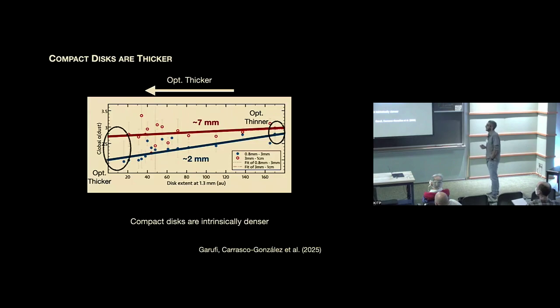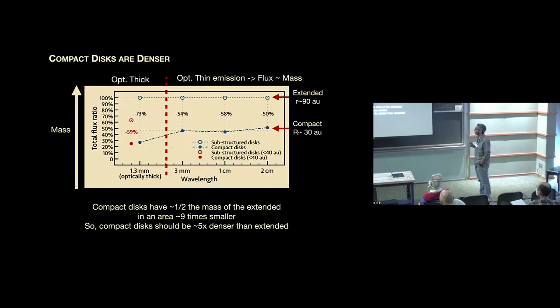No? This is the spectral index versus the extension of the disk. And what you can see here is that it looks like compact disks are optically thicker than extended disks. And we think that this is because we have relatively more mass.